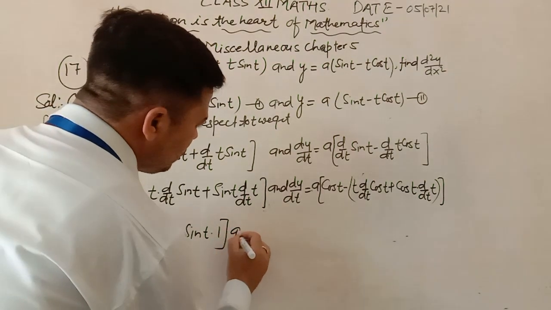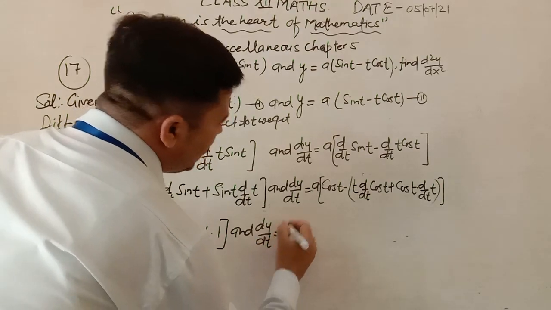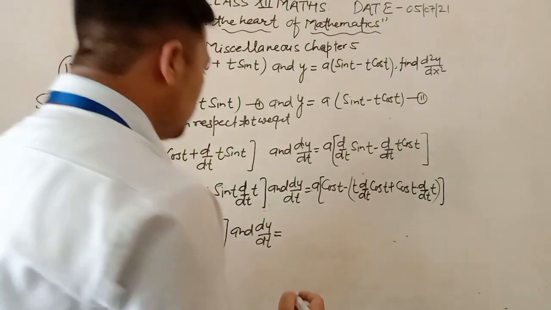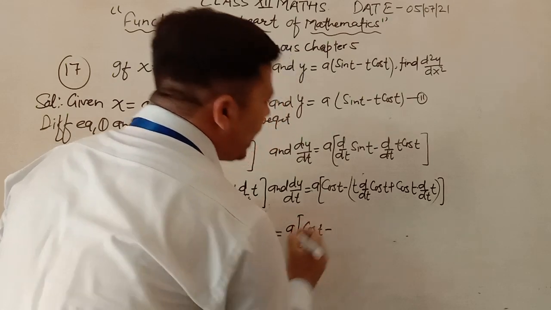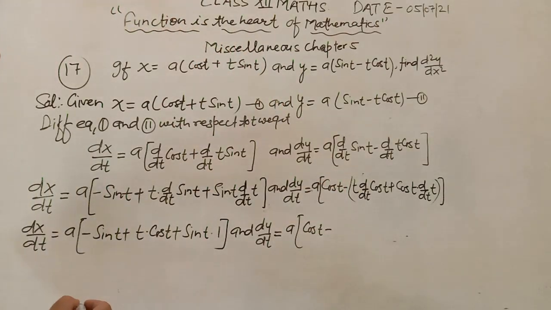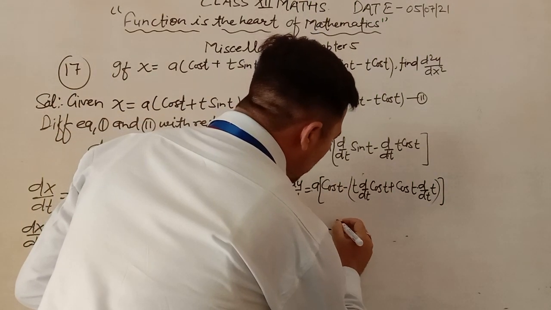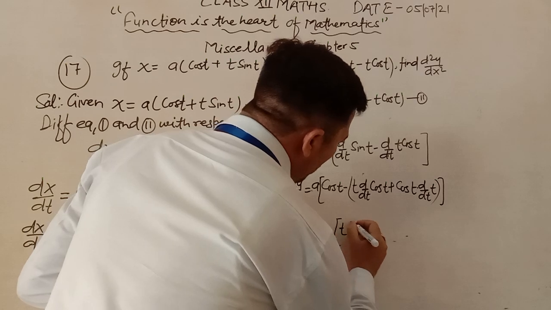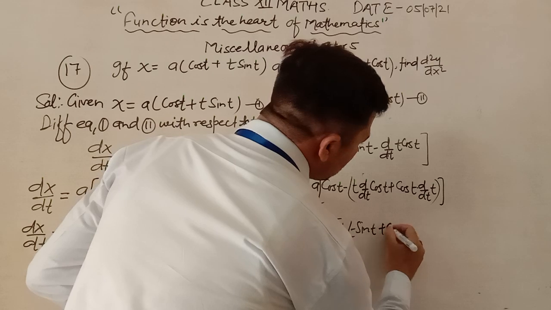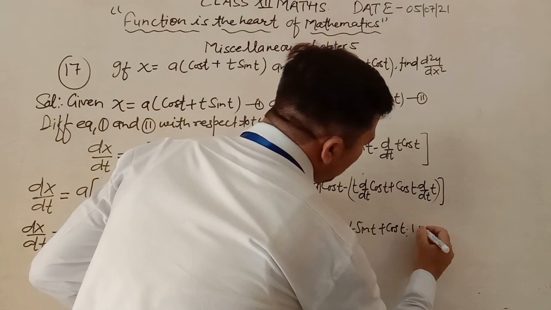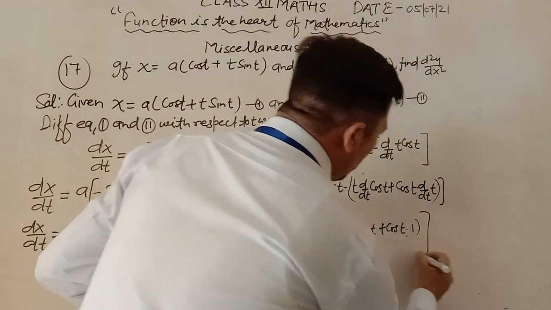And dy upon dt is equal to a times cos t minus t into d by dt of cos t, which gives minus sin t, plus cos t into 1, plus cos t into 1.